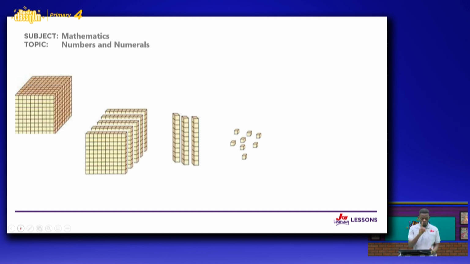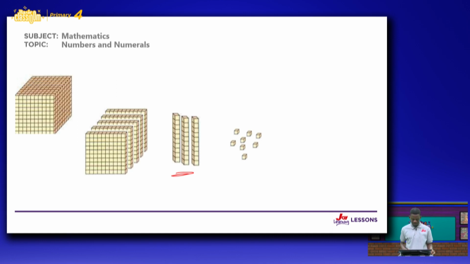Now we have only one block. Then we have 1, 2, 3, 4, 5, so 5 of our flats. We have 3 of our longs. And we have 1, 2, 3, 4, 5, 6, 7, 8, so 8 of our units. With this representation, what is going to be our number?